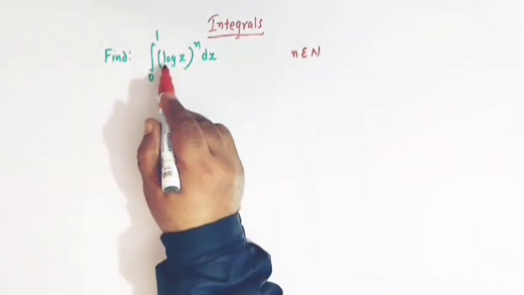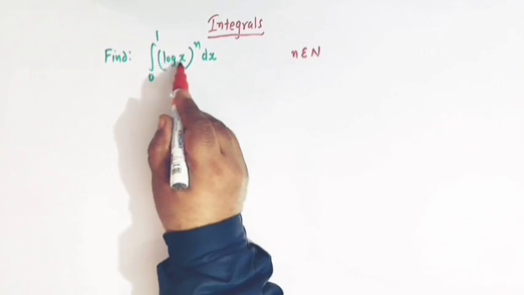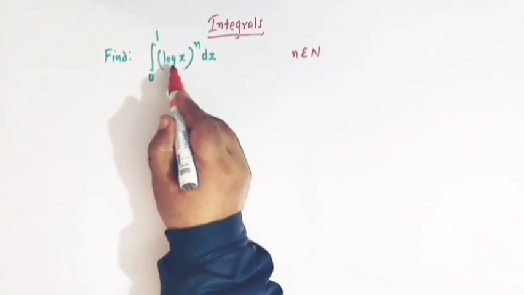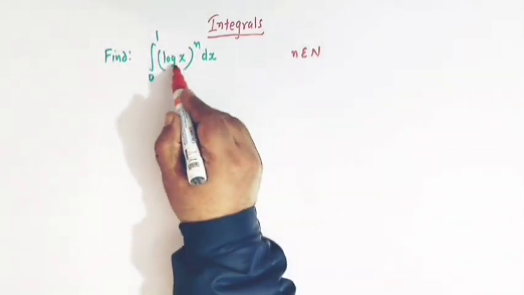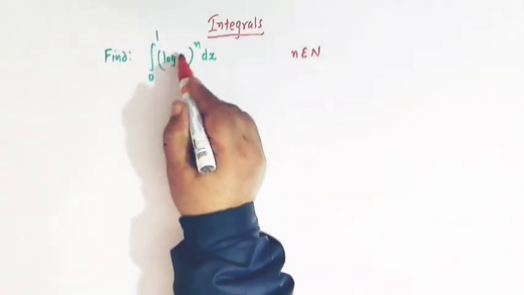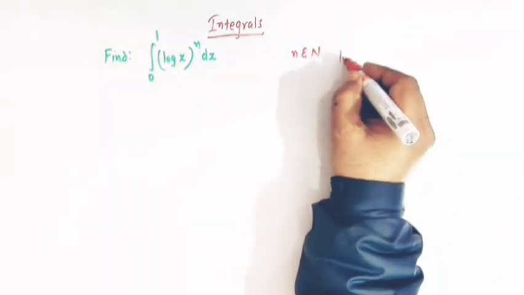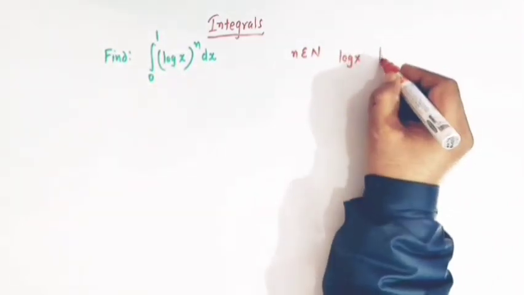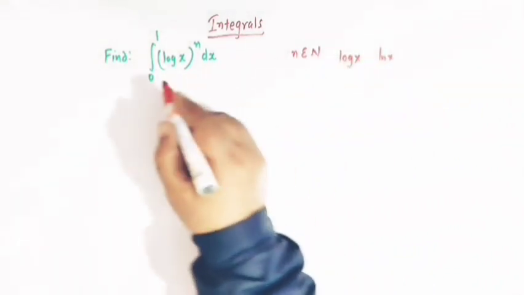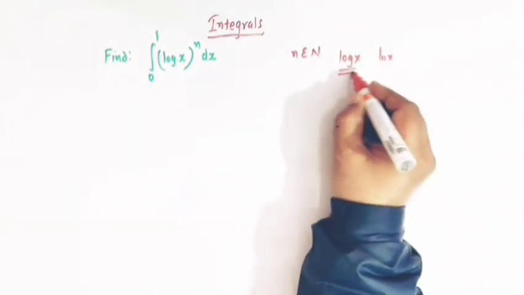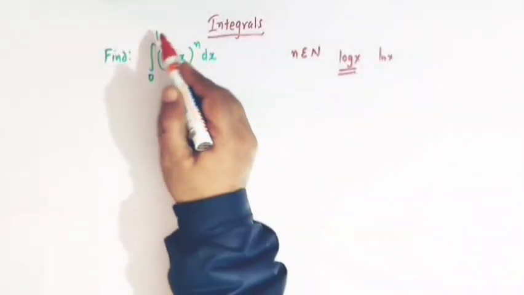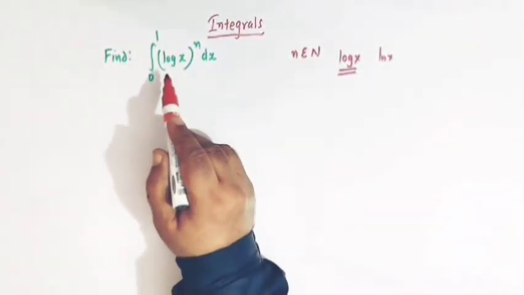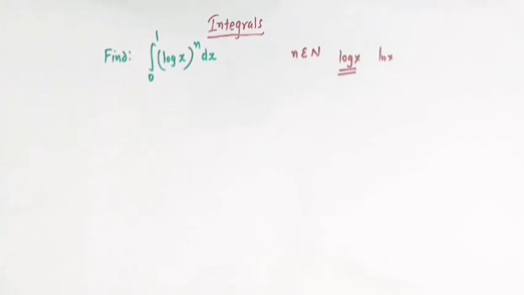Here log x is the natural log, that is with base e. So we can also write log of x as ln x, but we'll prefer this notation. So let us start, and let us see how we can solve this important integral with the help of gamma functions.